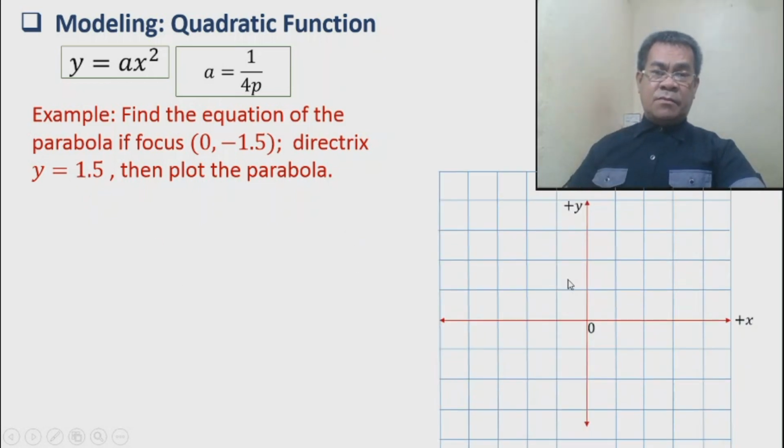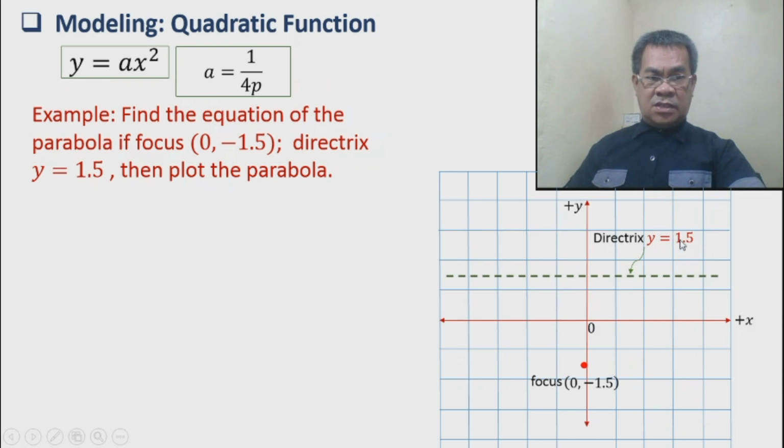So the focal point is (0, -1.5), which is below. And the directrix is y is equal to 1.5, so we have to construct it here. It is above.